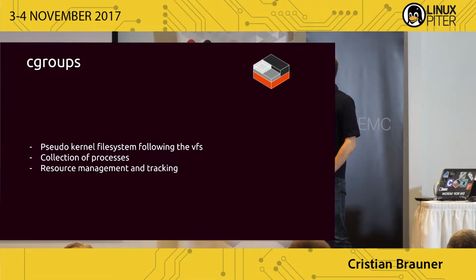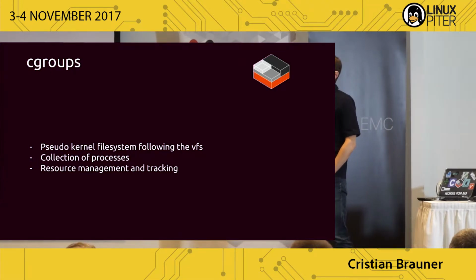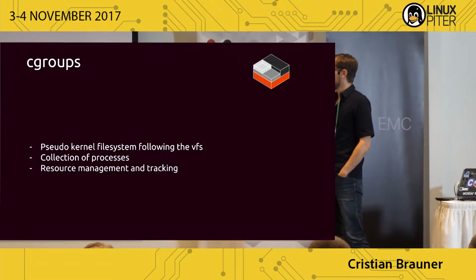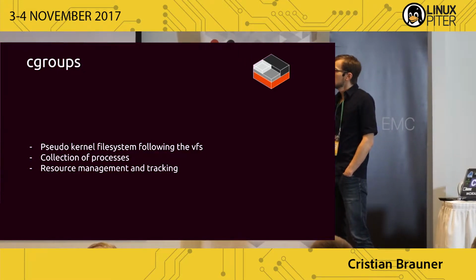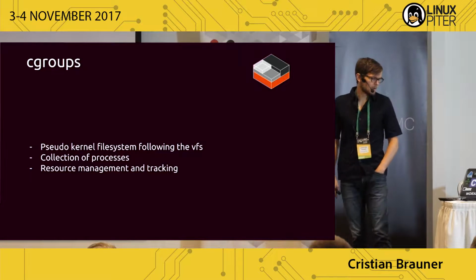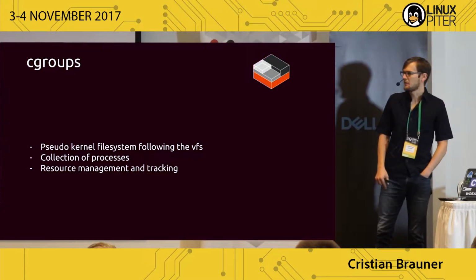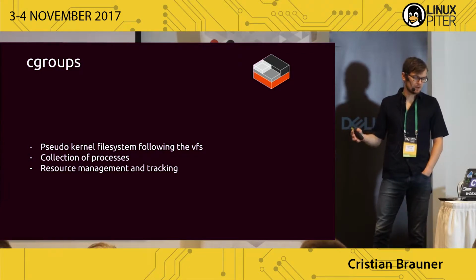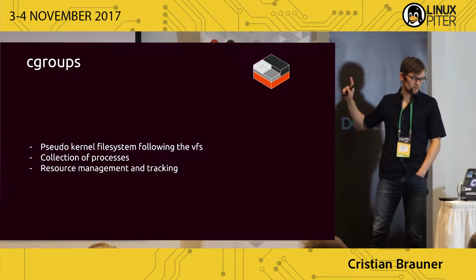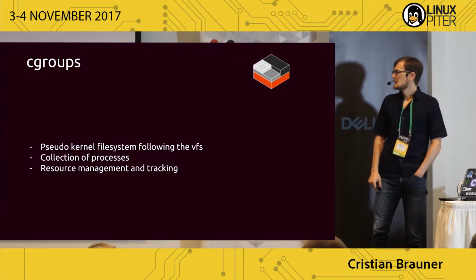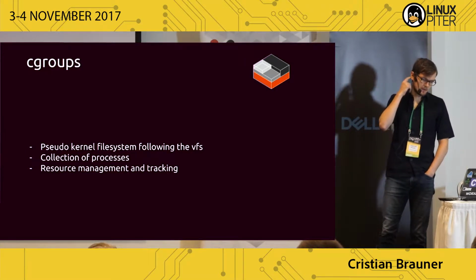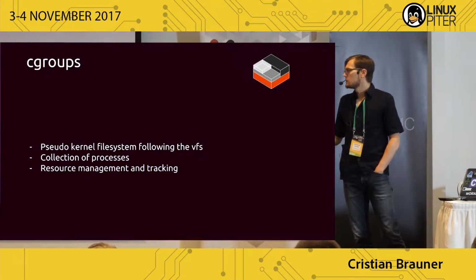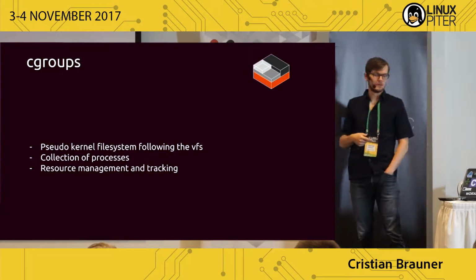Oh, that's a few. So basically, it's just a pseudo kernel file system, like, for example, devpts or a bunch of others, that follows the VFS requirements. And cgroups are essentially nothing more than a collection of processes. They allow for resource management and resource tracking of these processes.